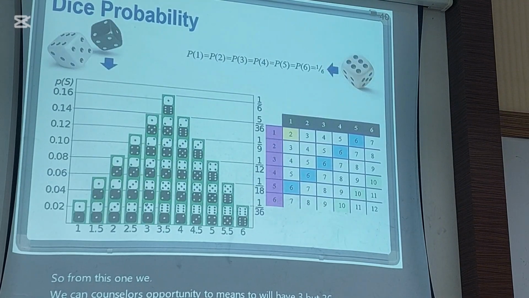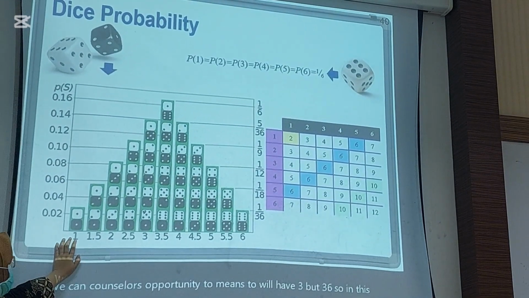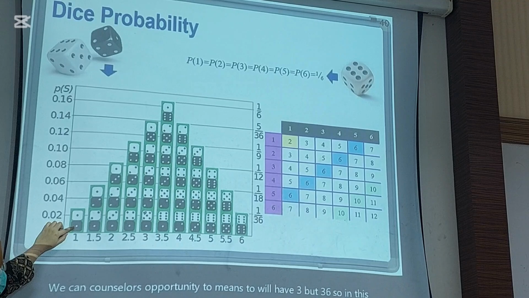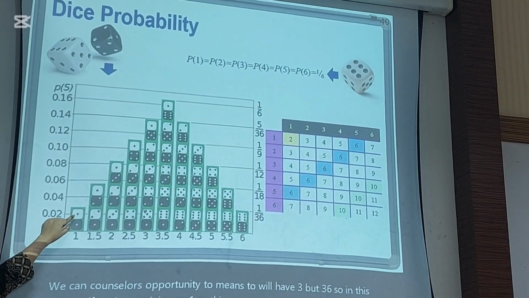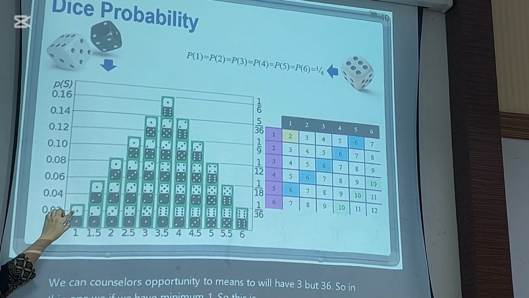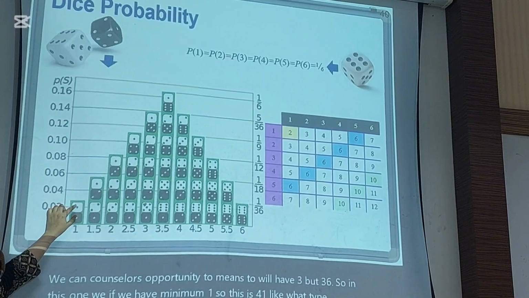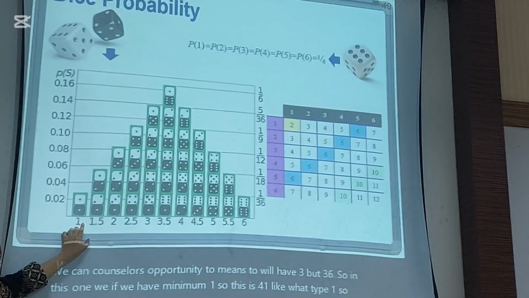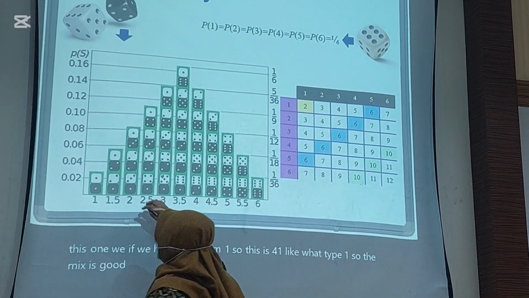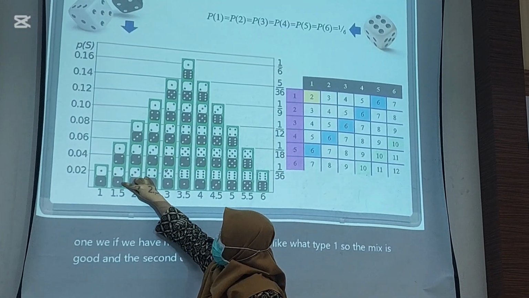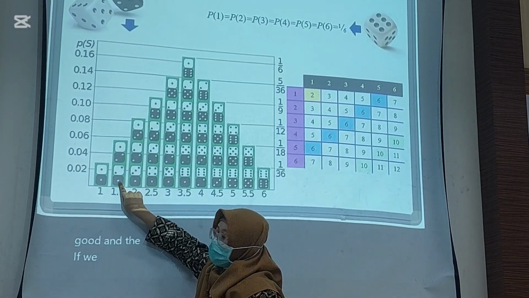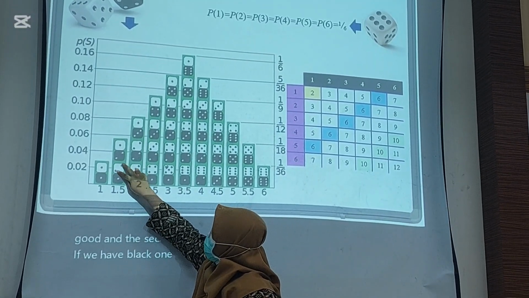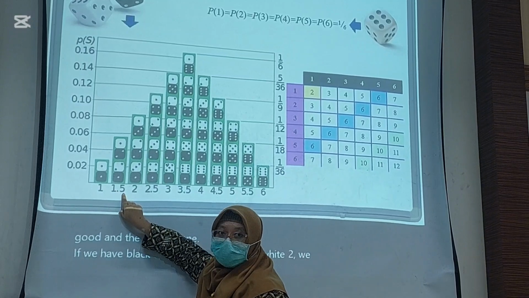In this one, if we have mean 1, this is for black die 1 and white die 1. So the mean is 1. And then the second one, if we have black 1 and white 2, we have 1.5.